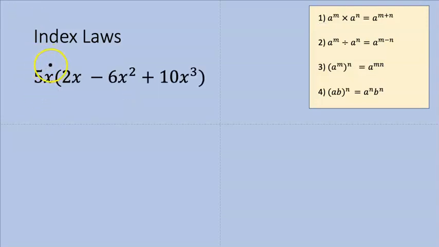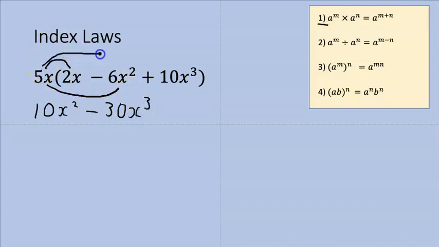Now, I've got 3 things in the bracket, and I'm going to do exactly the same again. All of them using law 1. So first, 5x times 2x. 5 times 2 is 10. x times x is x squared. 5 times minus 6 is minus 30. x times x squared is x cubed.